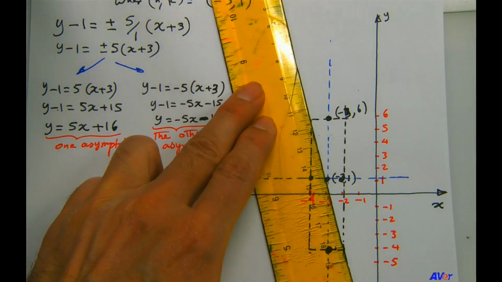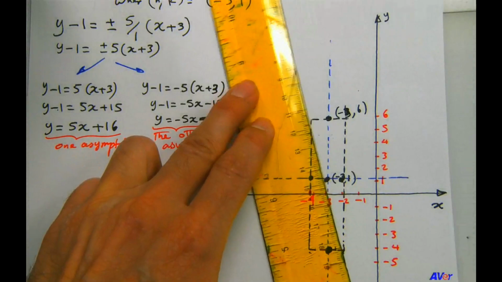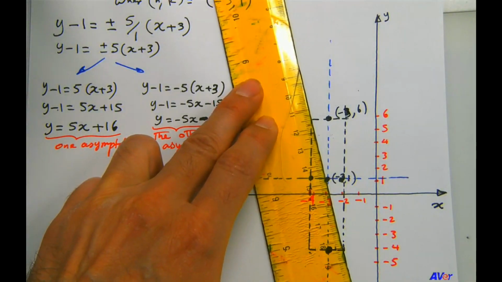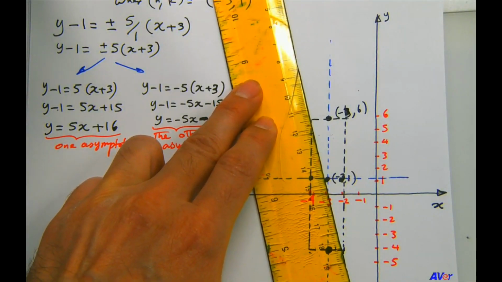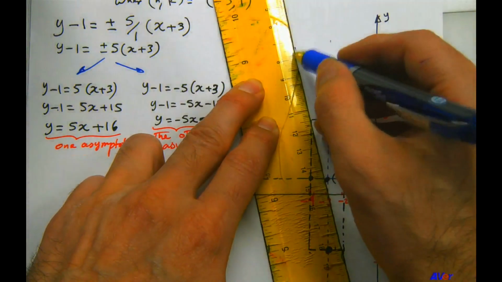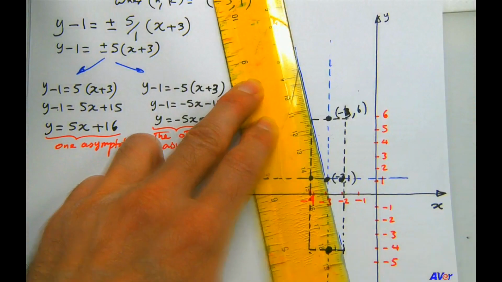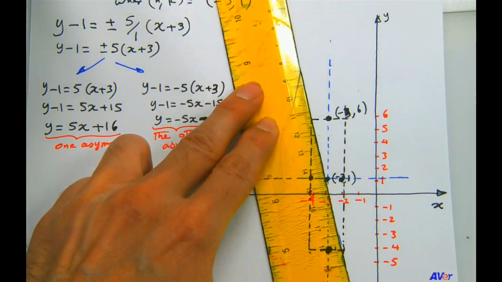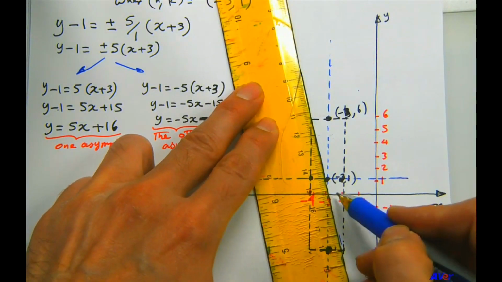Then let's draw the asymptotes. So it'll be like that. Oops, it didn't draw part of this, so let me try again.